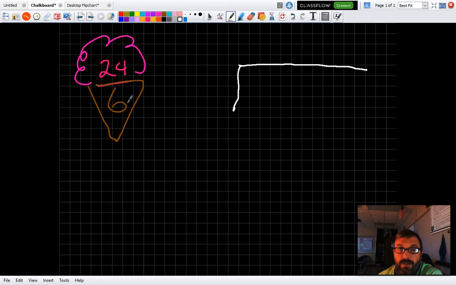There's my gazintu. And the ice cream goes on the inside, so 24 goes on the inside. Ice cream cone goes on the outside, 6. And now I want to ask myself, how many times does 6 go into 24? Well, I can count that out. 6, 12, 18, 24. So it goes in there 4 times. 4 times 6 is 24.